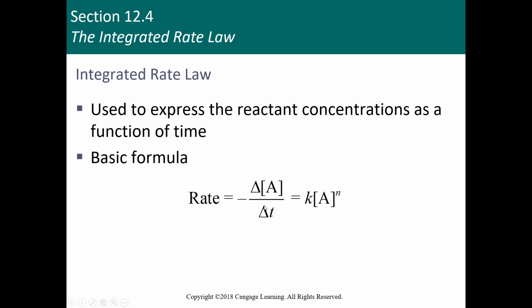All right, so this right here is going to be our basic formula. So rate equals negative the change in concentration of a reactant divided by the change in time. This is negative because it's disappearing, right? This also equals k times the concentration to the order.